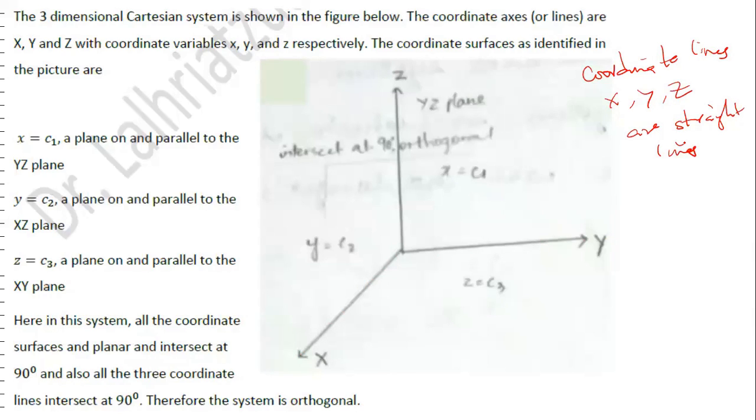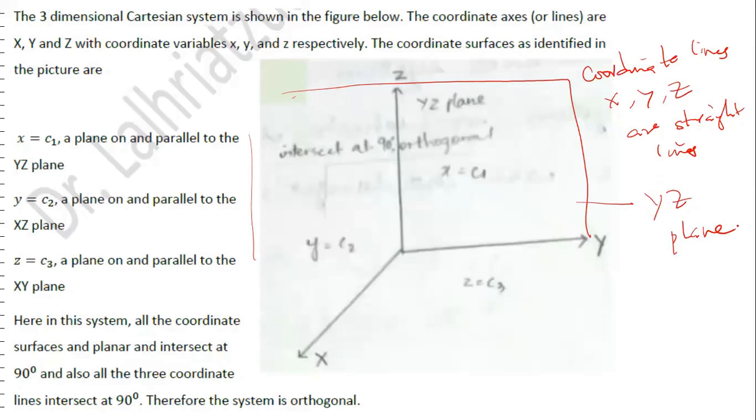Now, in addition to that, in a 3D system, we can talk about the coordinate surface. If you look at this particular surface here, something like this, the surface on the YZ plane. I hope you can picture the surface on the YZ plane.